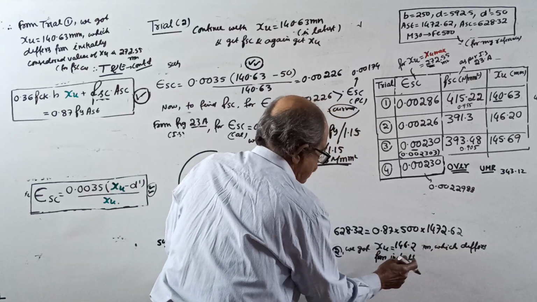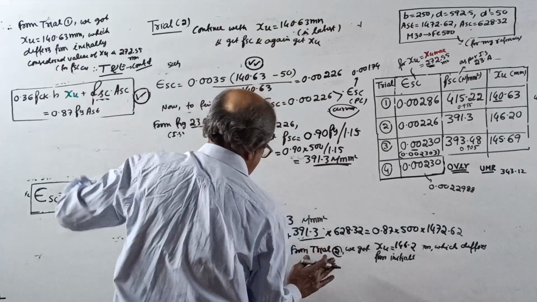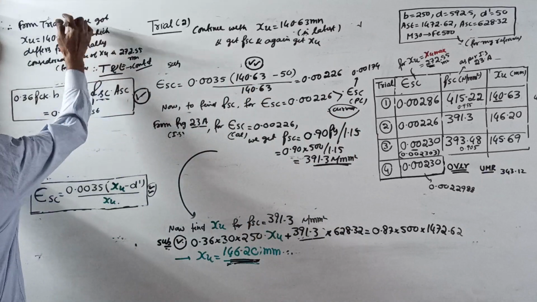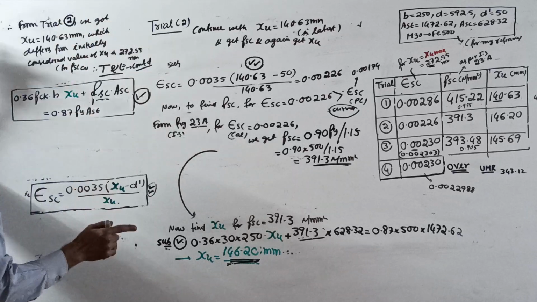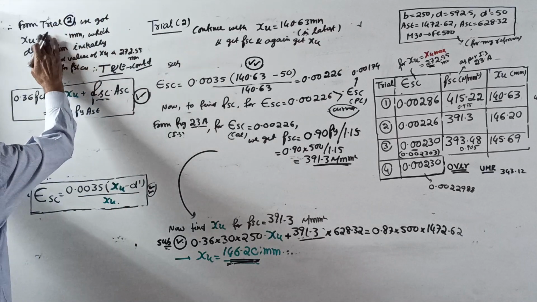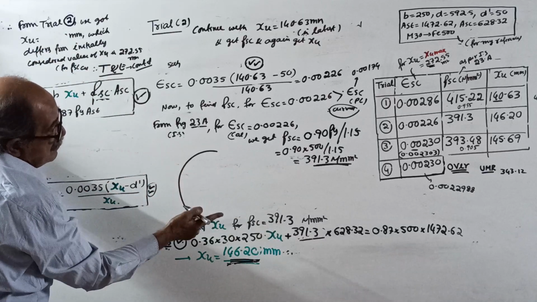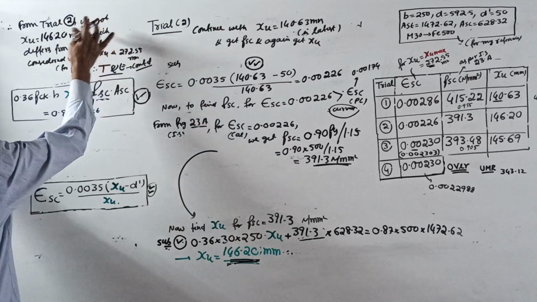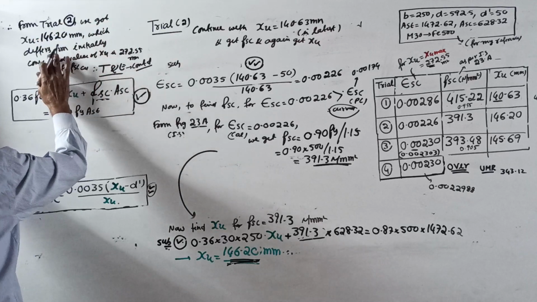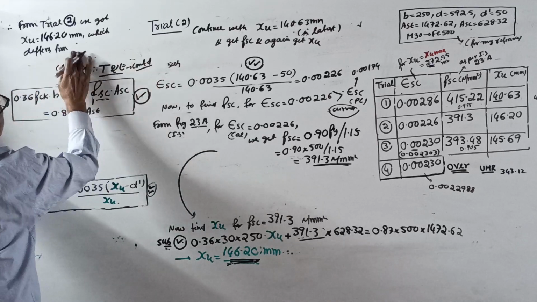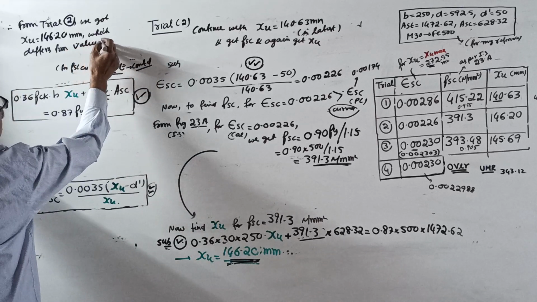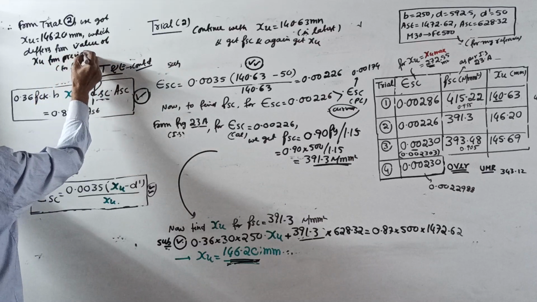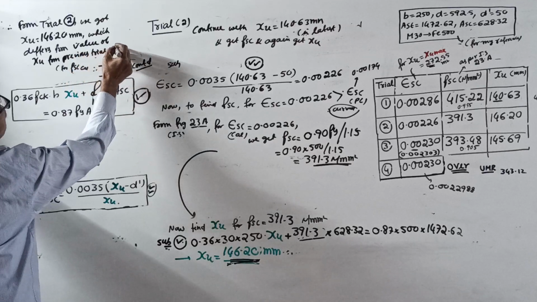Which differs from, I am writing there. See, now, therefore, from trial 2, you should write once again. We got xu 146.2, which differs by 5.57 millimeter from the value of xu from the previous trial, that is trial 1.